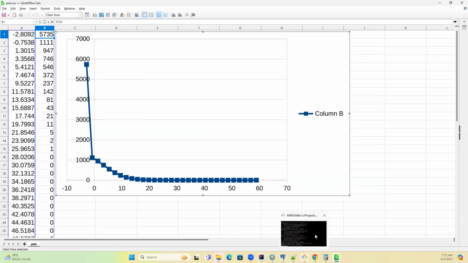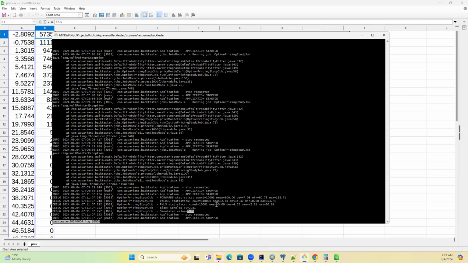And if we look at the P&L statistics, the mean is 0. So on average, we are not making money, we are not losing money. But the minimum amount of money that we can lose is the price that we paid for the option. We cannot lose more money than we paid for that option.